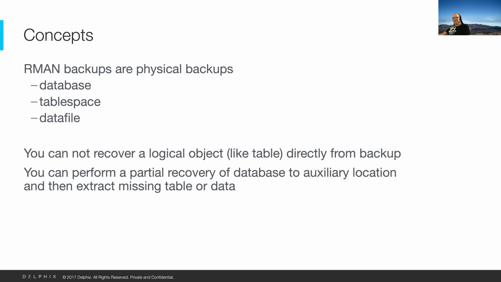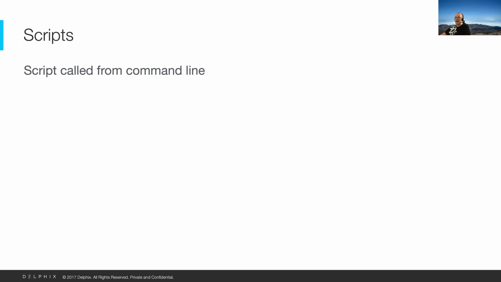So just to make a summary, RMAN is a tool for backing up a database on the physical level. It works on the database server, and it's using a channel to send data from the database into the backup location. So how do you control RMAN?